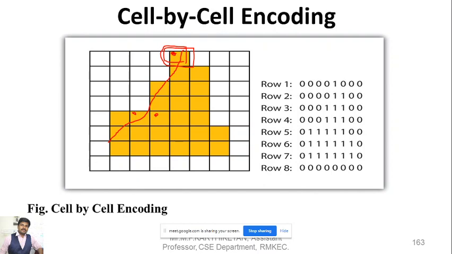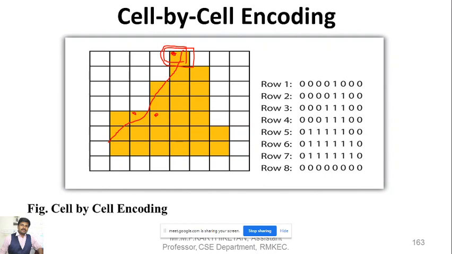All the yellow colored cells are filled areas and all the white cells are blank areas. Nothing is available in the white area, but something is available in the yellow, shaded area. Here we have segregated this into an 8 cross 8 grid.